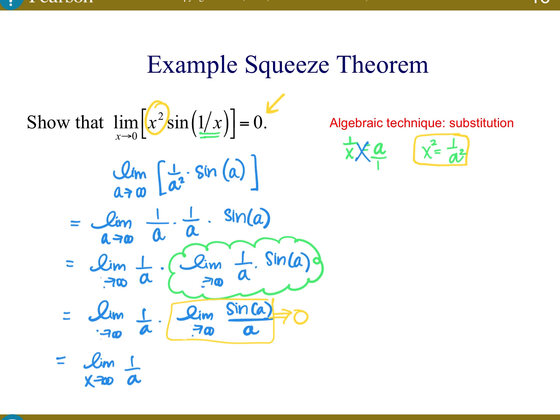I'm so sorry. Let's go back and fix that. You probably caught on to that faster than I did. So let me fix that all. Okay, times 0. So 0 times that limit, regardless of what that turns out to be, is 0. And so we've just proved algebraically using that substitution technique, again, that the limit equals 0.